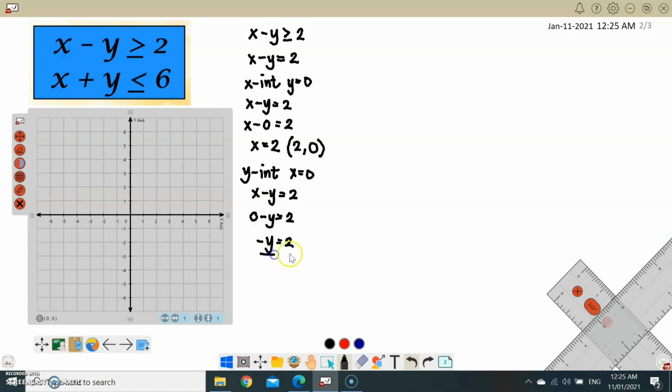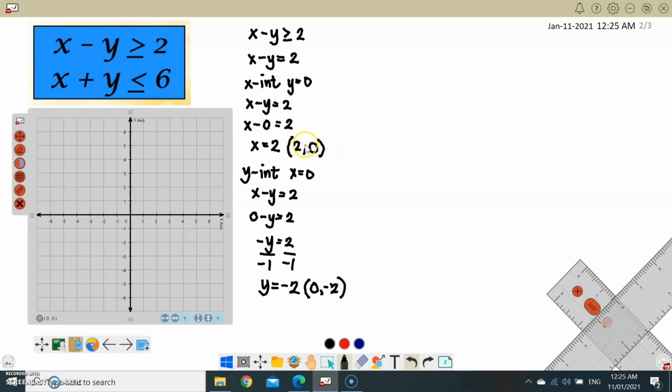So we divide both sides of the equation by negative 1. So negative y divided by negative 1 is equal to positive y. So y is equal to 2 divided by negative 1, that is negative 2. So y-intercept is equal to negative 2. And the coordinate is 0, negative 2.